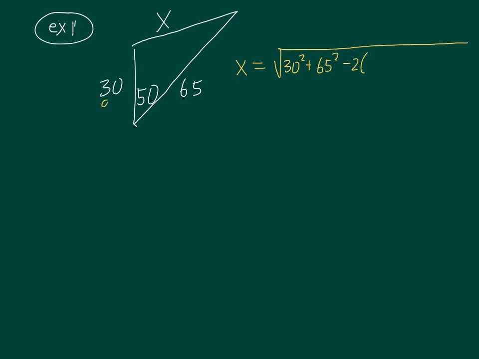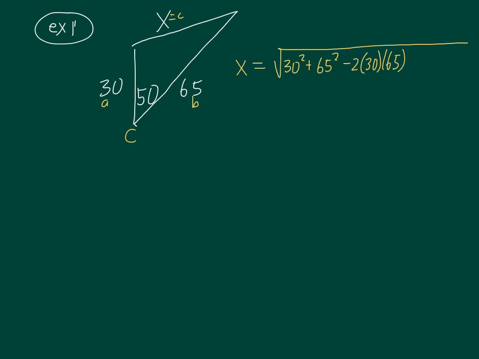Think of this as your a, this is your b, this 50 is your big C, and this x is your little c from our formula on the previous page. So we have minus 2 times the 30 times the 65.